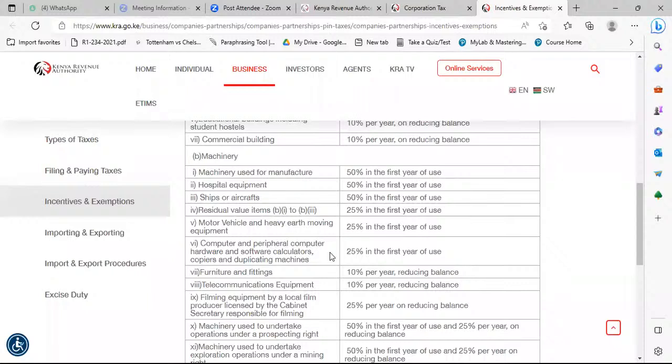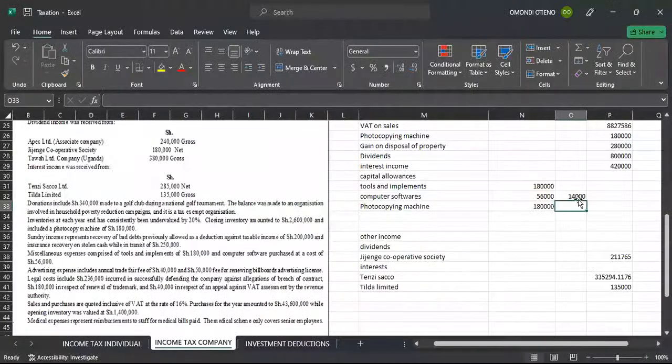So photocopying machine pia itakuwa ngapi? 25% in the first year of use. So we apply that rate for the photocopying machine. Na tunapata ngapi? 45,000.